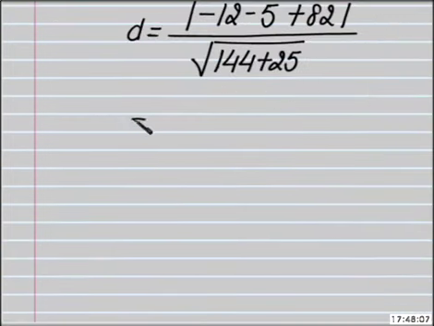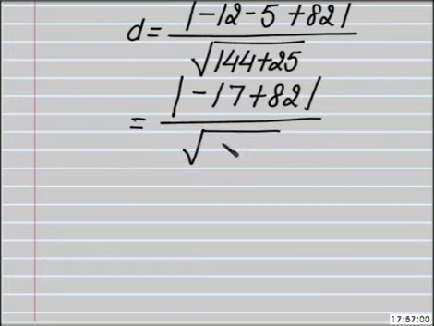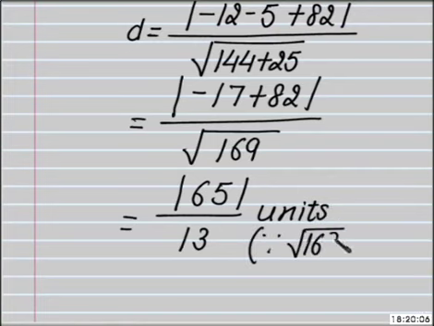is equal to modulus of -12 minus 5 plus 82 upon square root of 144 plus 25, that is further equal to modulus of -17 plus 82 upon square root of 169, that is equal to modulus 65 upon 13 units, because 169 is perfect square of 13, that is square root of 169 is equal to 13.